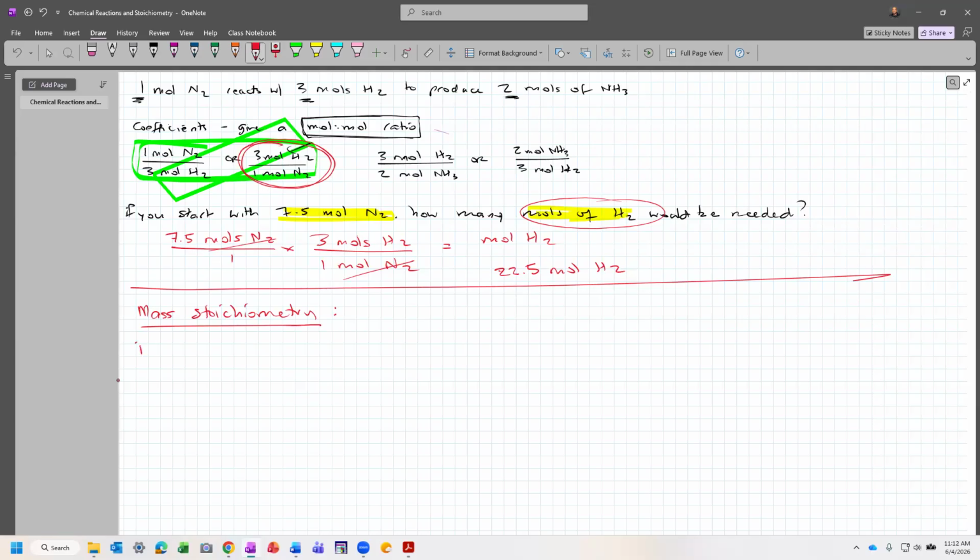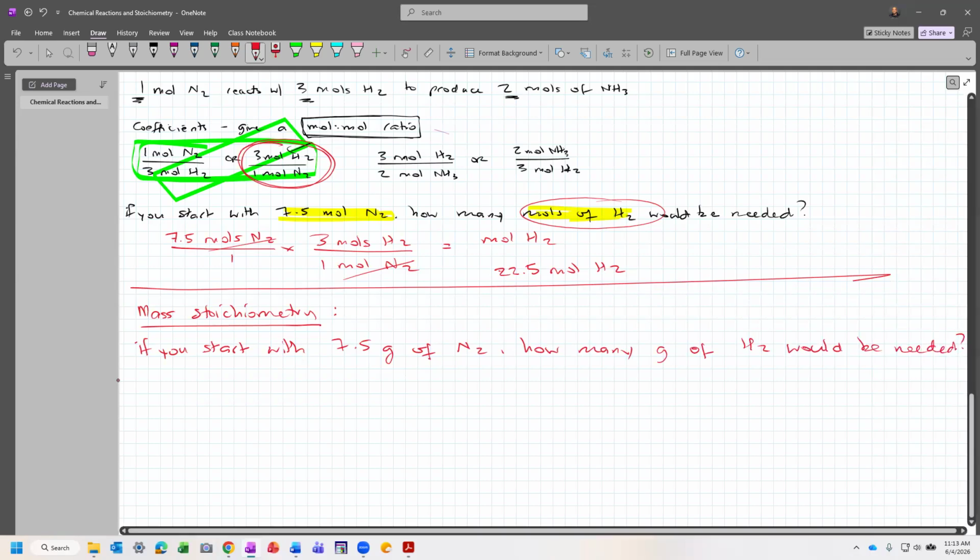So for example, if you start with 7.5 grams instead of moles, 7.5 grams of N2, how many grams of H2 would be needed? Okay, so now I want to get from grams of one thing to grams of the other thing.